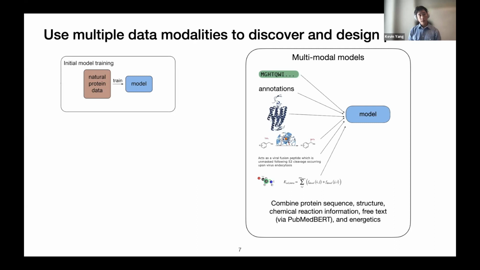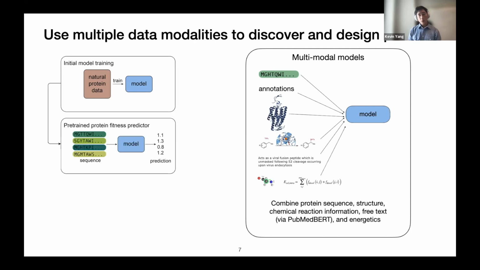into one model. Then once you've trained an initial model, there's kind of two ways we can use it. The first is to think of it as a pre-trained fine-tuned paradigm, where you've trained this model on a lot of data. Now you'd like to predict the fitness of individual proteins or the fitness on some task that you define for engineering.